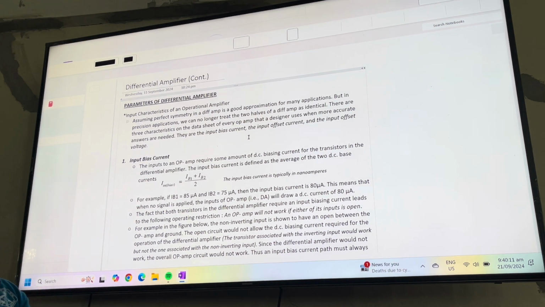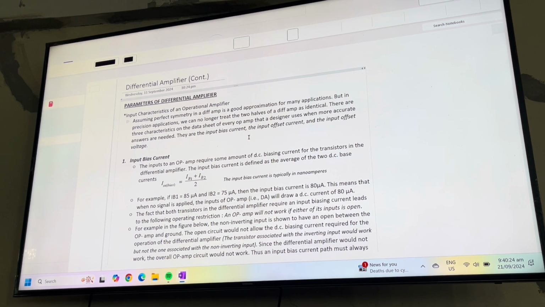So the inputs to an op-amp require some amount of DC biasing current for the transistors in a differential amplifier. The input bias current is defined as the average of the two DC base currents.